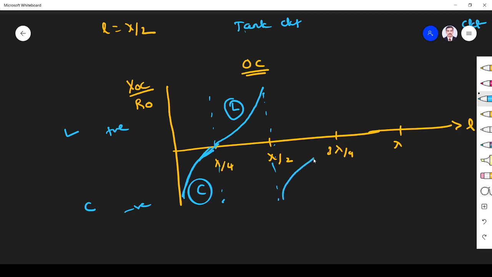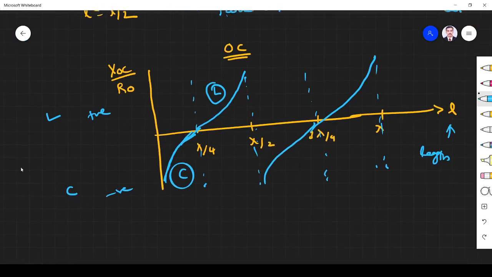So from this diagram also you can understand the nature of impedance, how open circuit line and short circuit line behave.